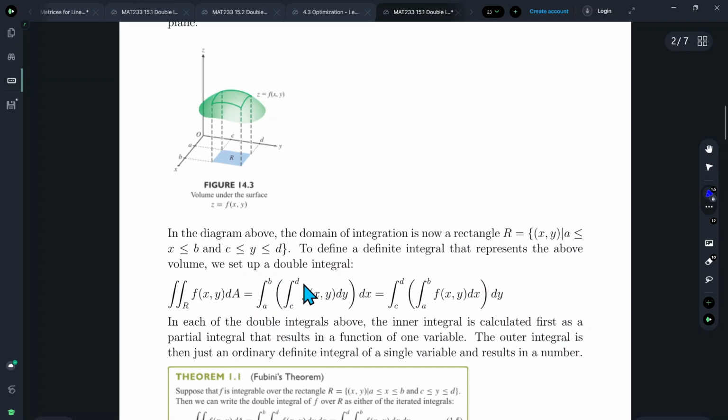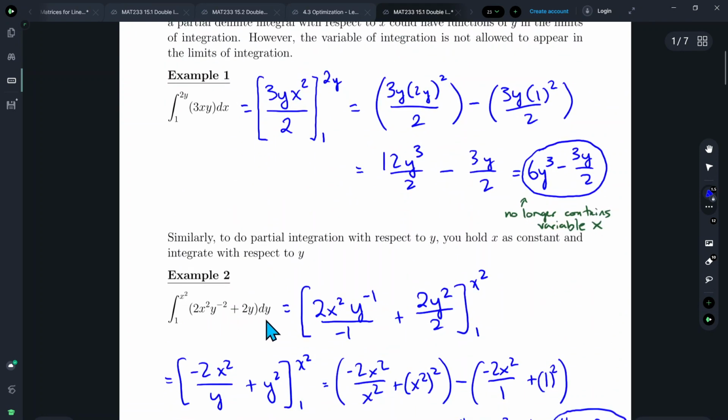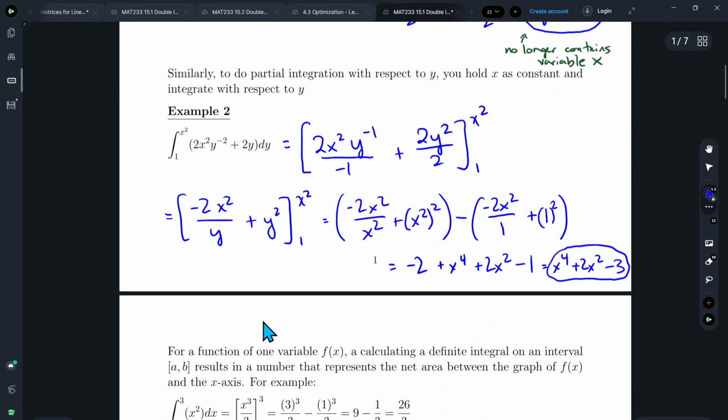If it's written like this, we integrate with respect to y first, and the inner integral written here is a partial integral with respect to y.